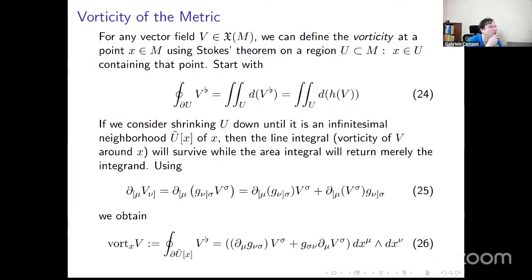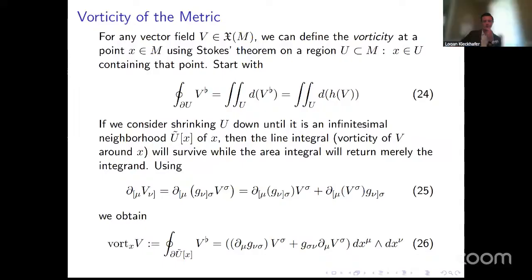So this is something that you can't do if you do not have a metric tensor, because if you don't have a metric tensor, the only thing that you can integrate are one forms. Correct. And if you start with the vector field, you have no way of identifying a unique one form. Okay, and then you apply Stokes' theorem, and you get that.